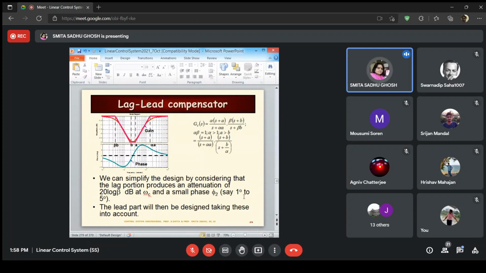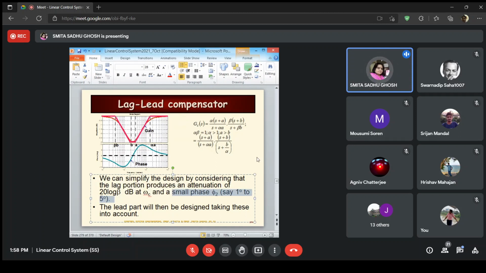So, like we did earlier, we preempted the fact that we will be getting a lag from the compensator and that's going to be negative. So I take a positive value so that the negative and positive cancel out. Here we are assuming that since we are going to get a small phase lag from our lag portion of the compensator, we assign some value to that, and on the basis of that, we design the lead portion.